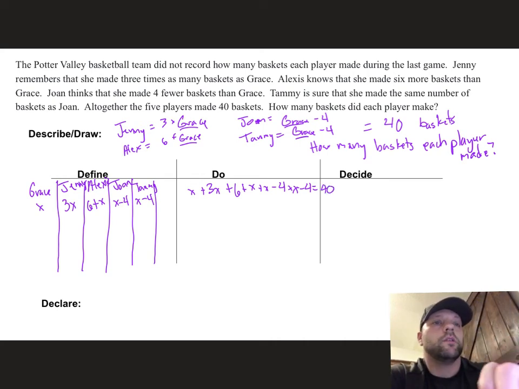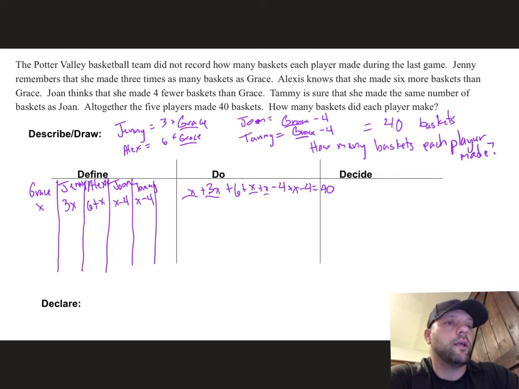Okay, so I have 1x plus 3x is 4x, plus another x is 5x, plus another x is 6x, plus one more x is going to give me 7x. Then I have 6 minus 4 is going to give me 2, minus 4 is going to give me a negative 2, so minus 2 is going to equal 40.